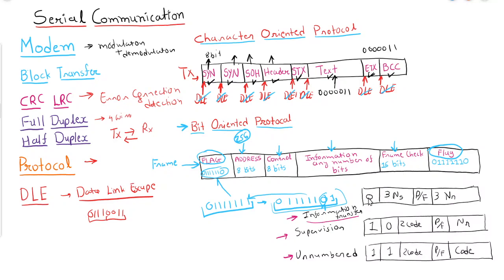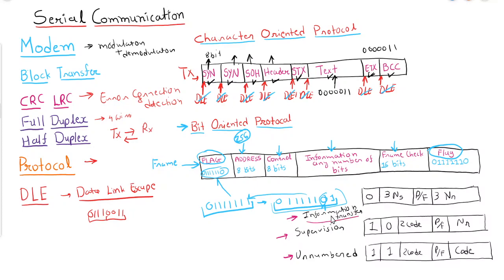If the first bit is 0, then it is information transfer mode. If the first 2 bits are 1 0, then it is supervisory mode, and if the first 2 bits are 1 1, then it is unnumbered mode. So first the receiver will find out which type of control information is being shared.